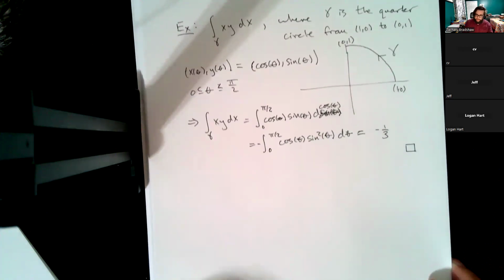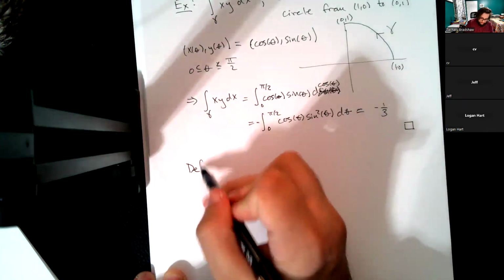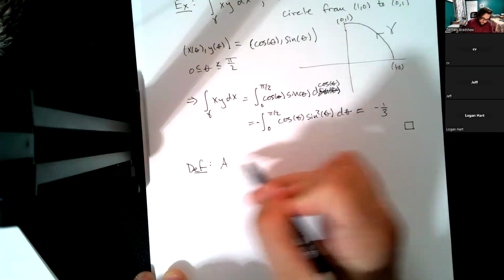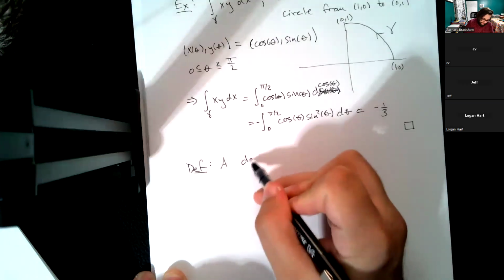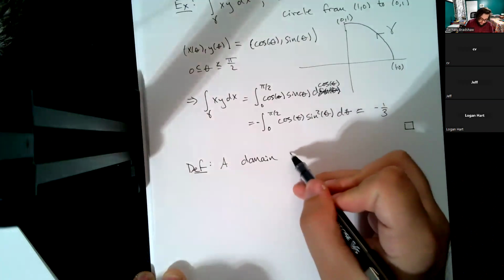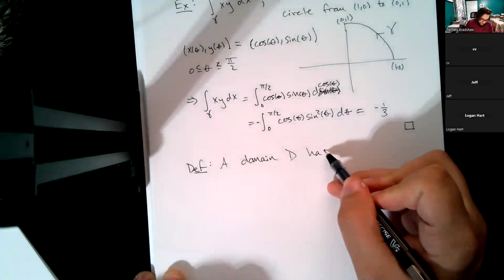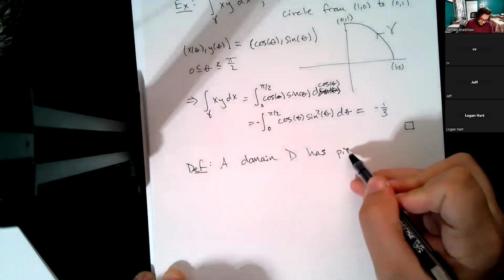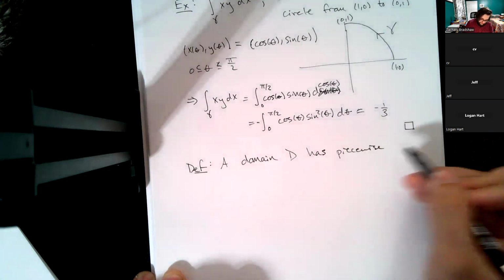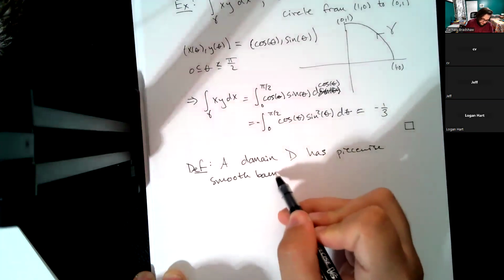All right, so let's move on. We're going to see this again in a moment. Let me tell you about boundaries of domains now. So a domain, let's call it D, has piecewise smooth boundary.